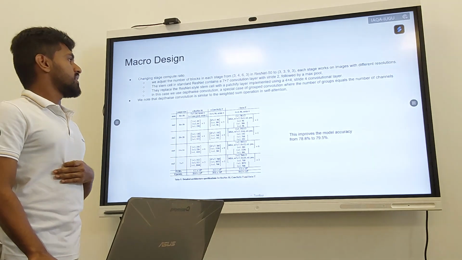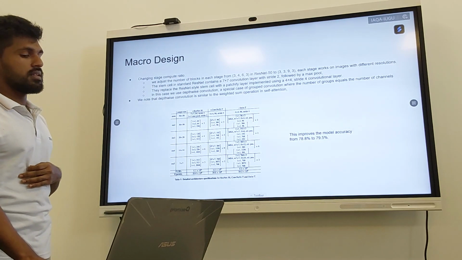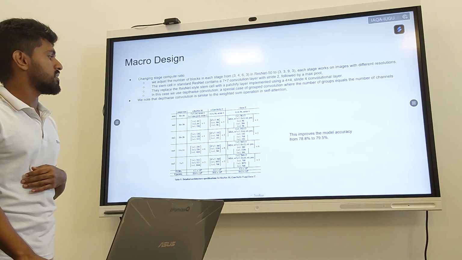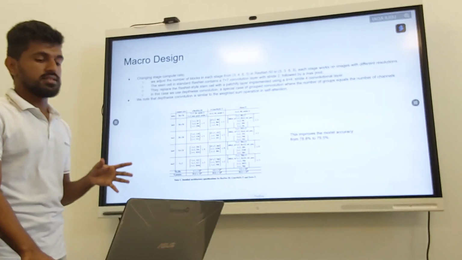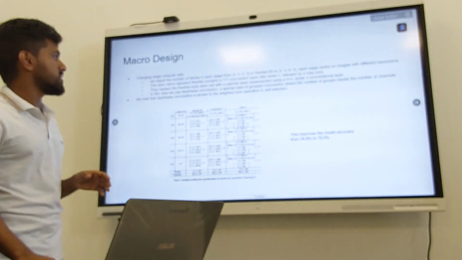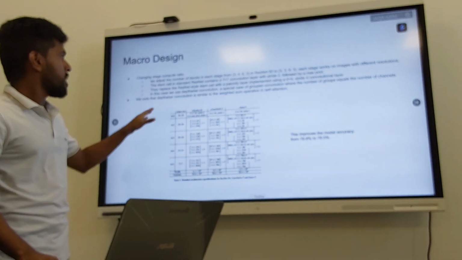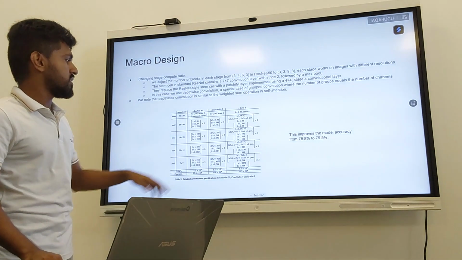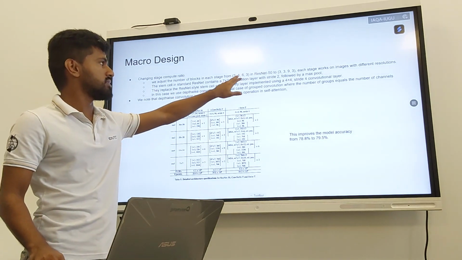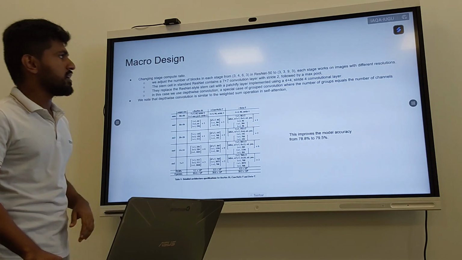Then they changed the macro design, inserting various macro designs. First, in ResNet 50 the block numbers were 3, 4, 6, 3.